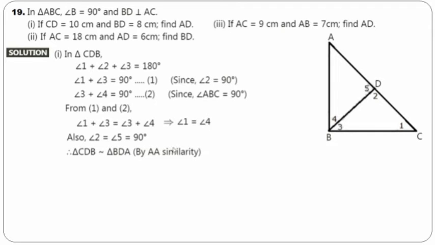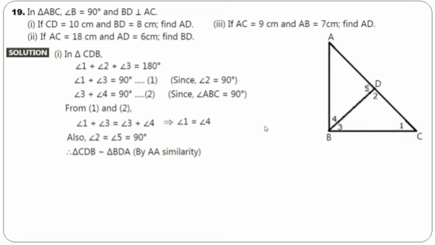So if you observe CBD and BDA, this triangle and this triangle turn out to be similar because of AA similarity, because just now you showed that angle 1 and angle 4 are equal, and angle 2 and angle 5 are equal.